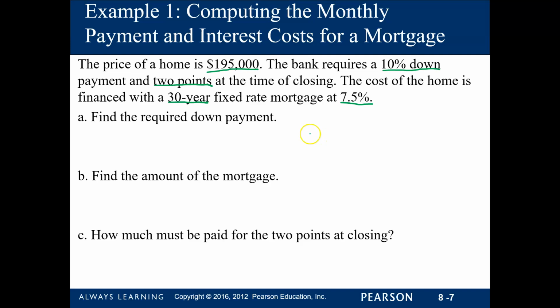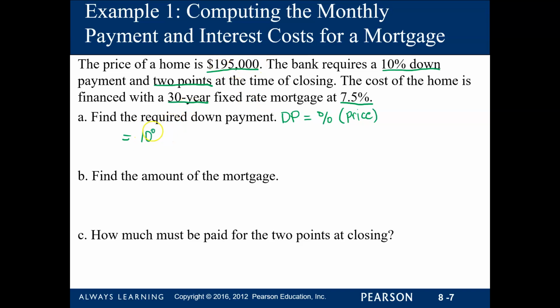Find the required down payment. All you need to remember is that the down payment is equal to the percent multiplied by the price of the house. In this case, the down payment is 10% of what? 10% of the price of the home.